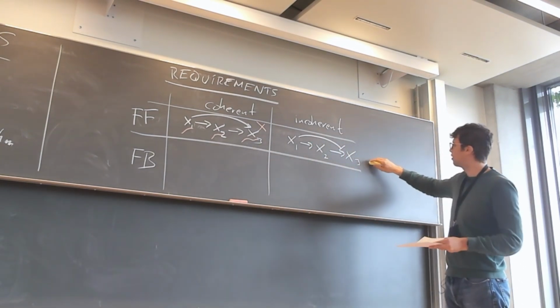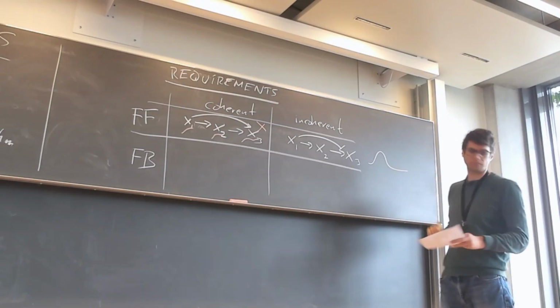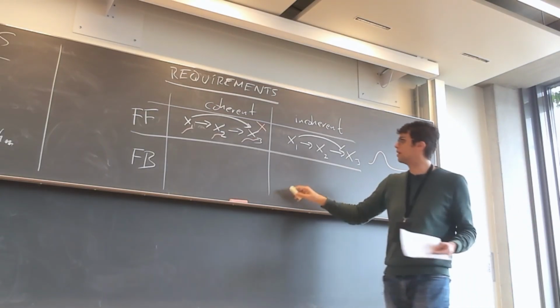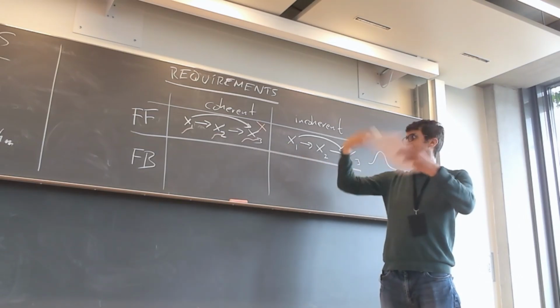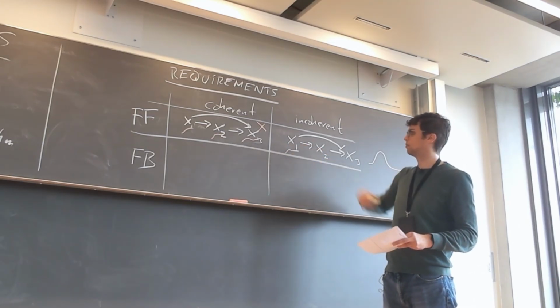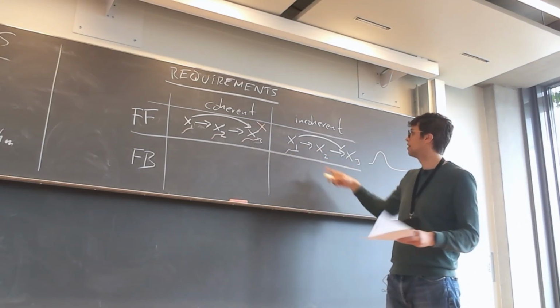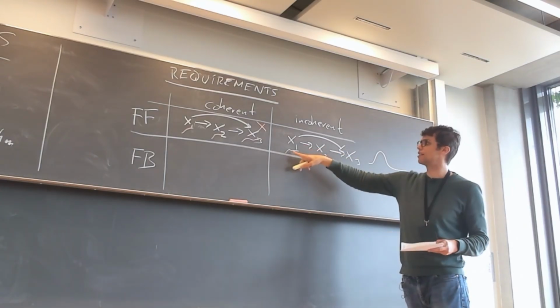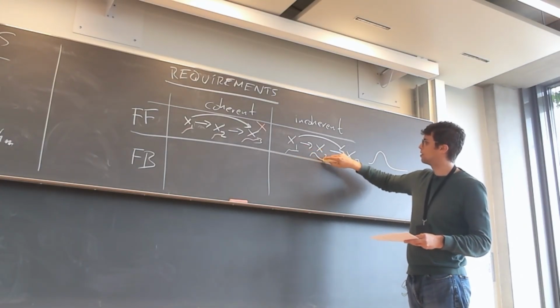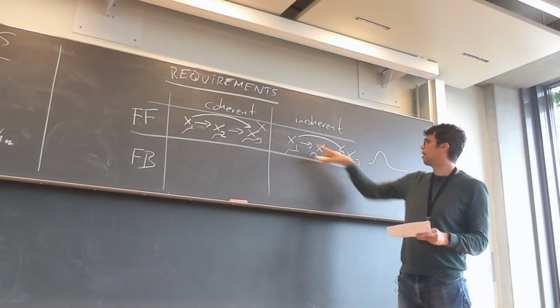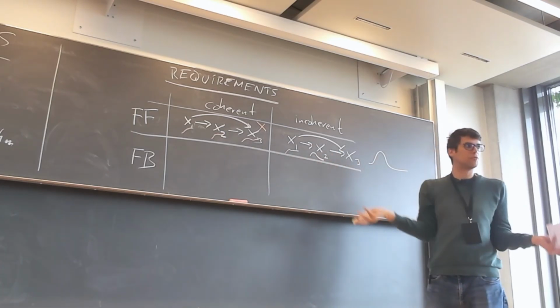Absolutely. So the best thing that you can hope for is something like this. But of course, what will happen is that x1, since it doesn't have any inputs, will just go to some value, eventually, some steady state. And then x2 only has a steady state input. x1 will also go to some steady state. And then now x3 has two inputs, but they can be assumed to be in steady state.